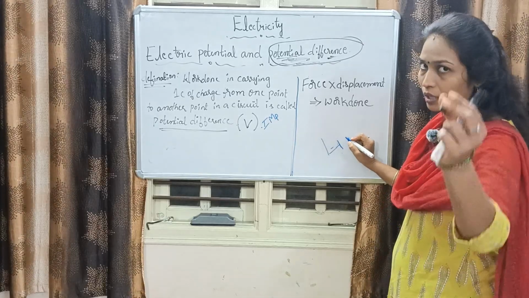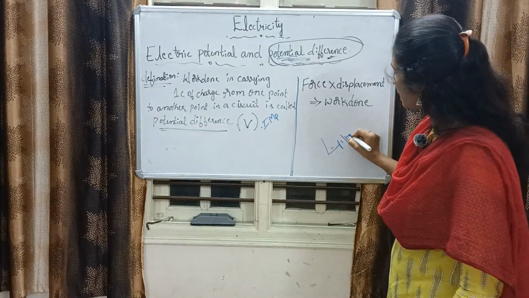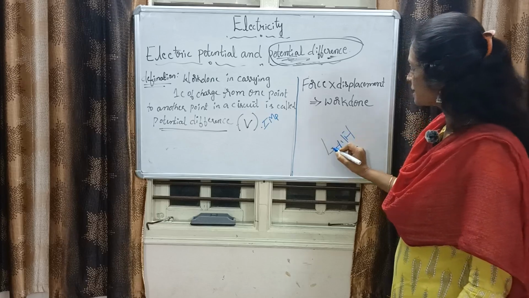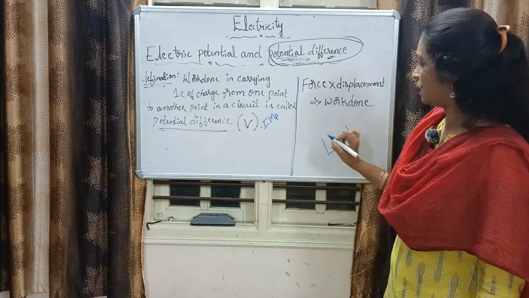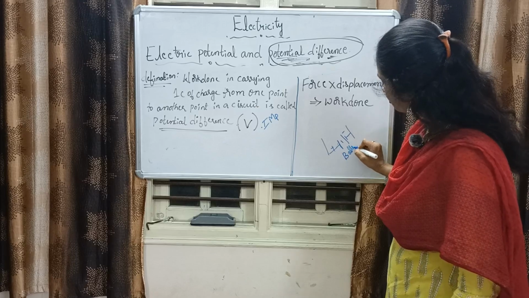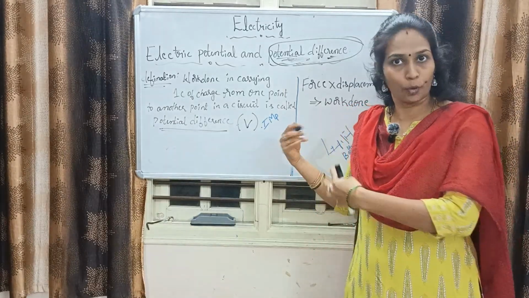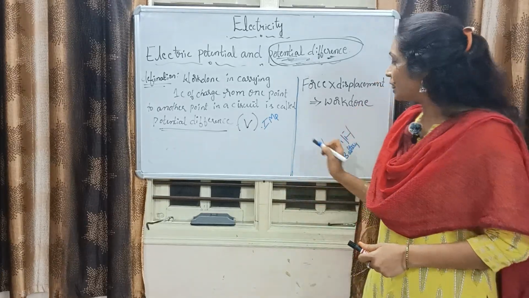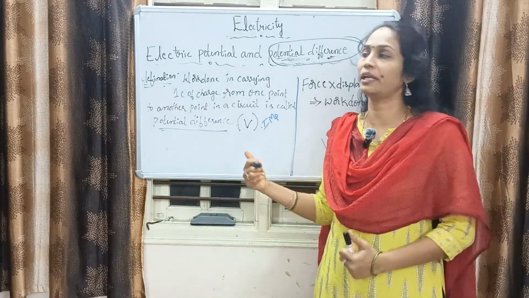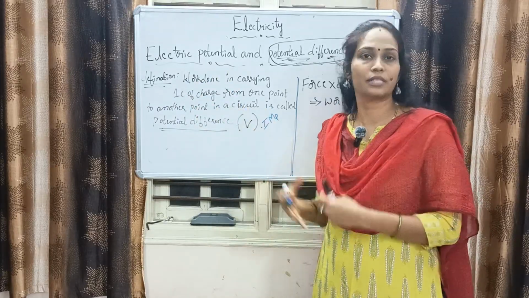The positive terminal is represented with the bigger line, and the negative terminal is represented with the smaller line. How much work is going to happen inside this battery on 1 coulomb of charge creates a potential difference. Got it? That potential difference generates a current in a circuit.